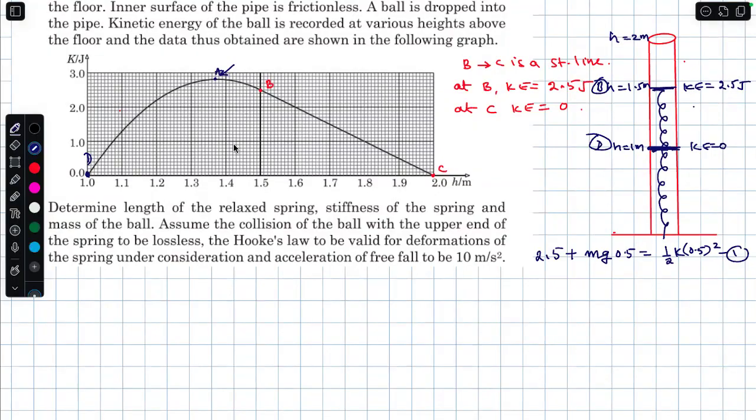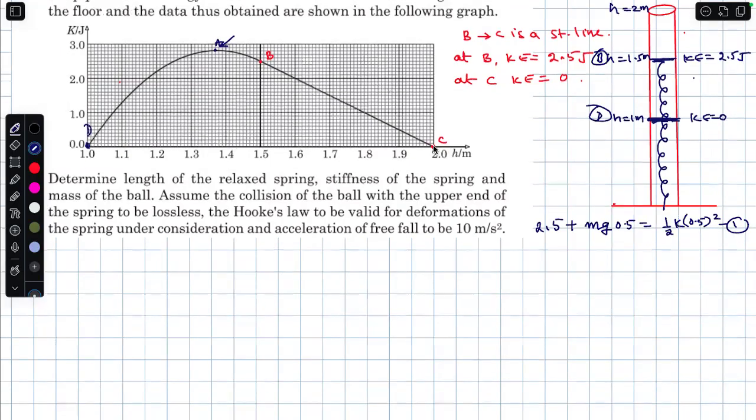One more equation. You can say, from C to B, velocity you know. V square minus U square is equal to 2AS. V square is 2 into 10 into height 0.5 meter.